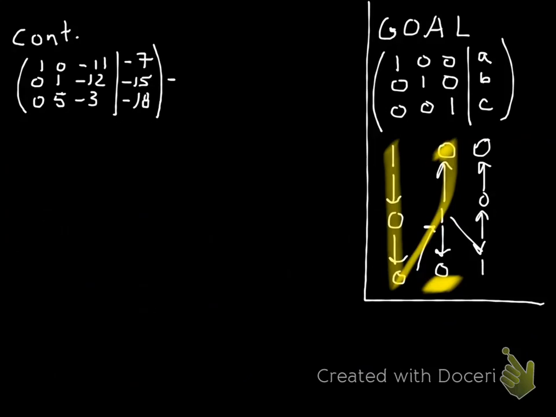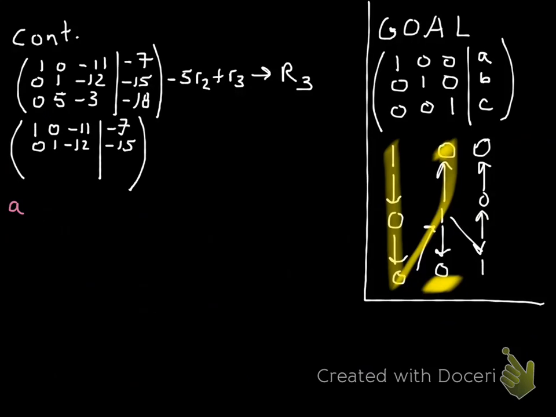If I start multiplying that by numbers and adding it, I'm going to get rid of these zeros here. I want these zeros here. Again, I'm not going to narrate all over this, but I will make the row that's changing colorful.